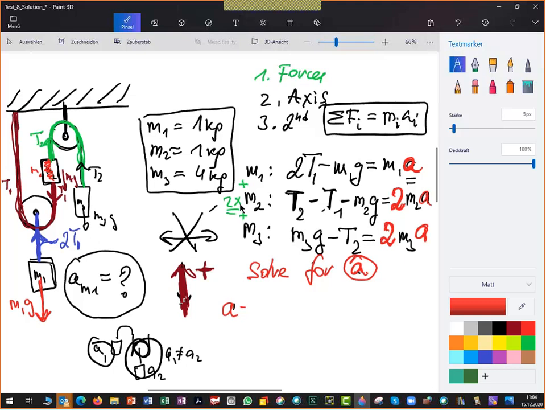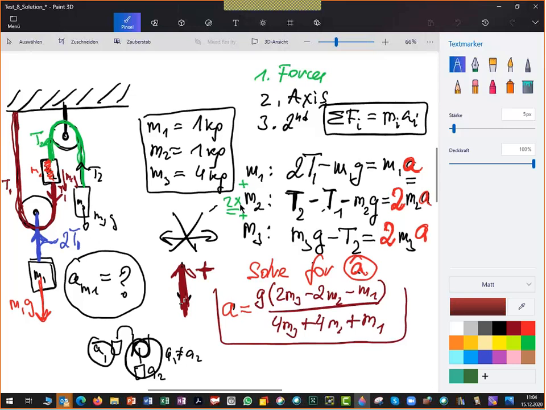Okay, what I will have in the end, if I solve it for A, it will be like this. A is equal to G times (2 times M3 minus 2 times M2 minus M1) divided by (4 times M3 plus 4 times M2 plus M1). Your solution may look different.